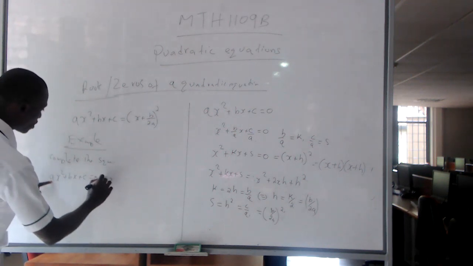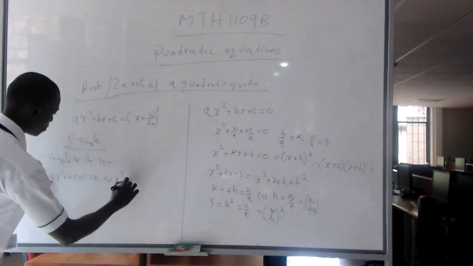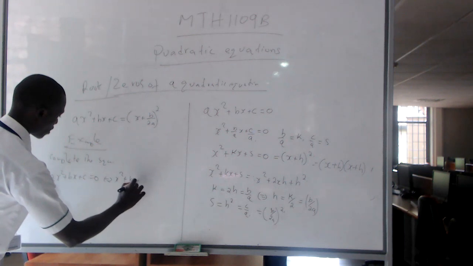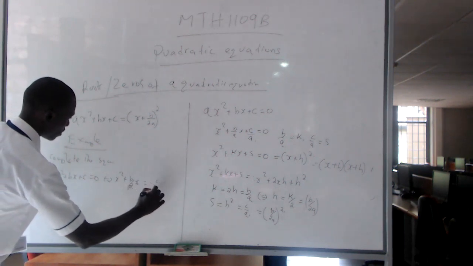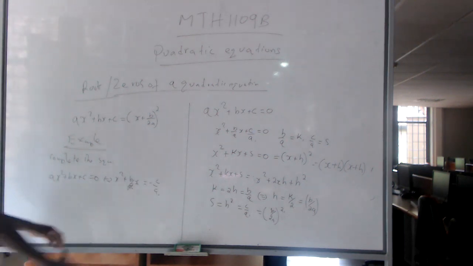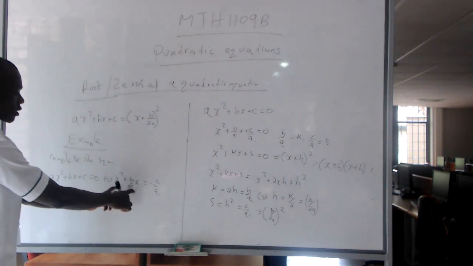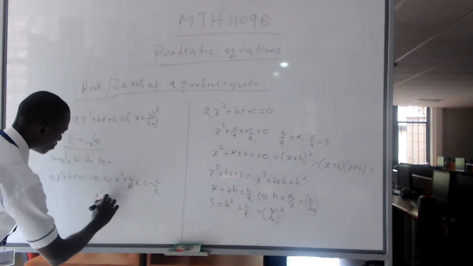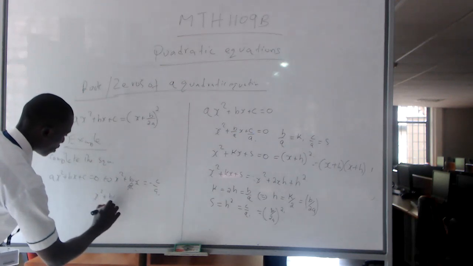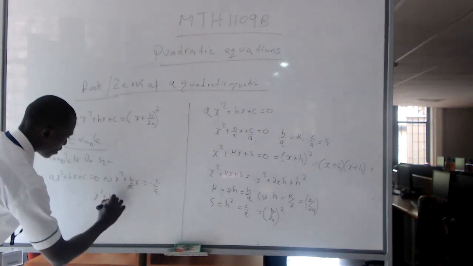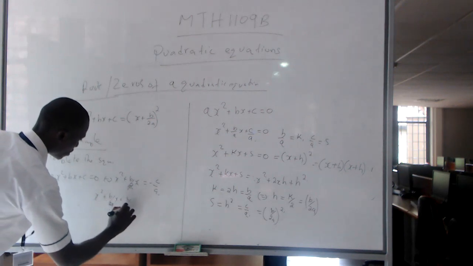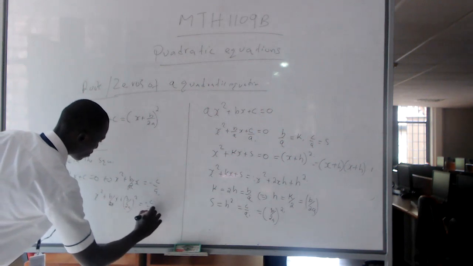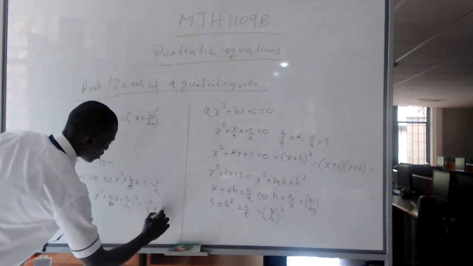So you write this as x squared plus (b divided by a)x equals minus c divided by a, and then add half of this squared. So x squared plus (b divided by a)x plus (b divided by 2a) squared should be equal to minus c divided by a plus (b divided by 2a) squared, so I add the same term on both sides.